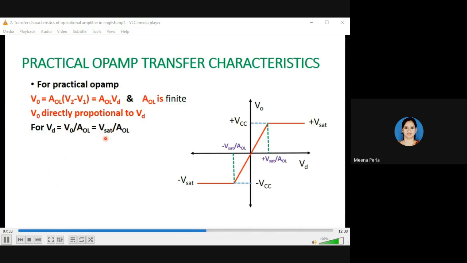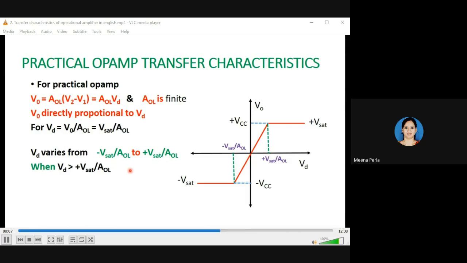That can be written as plus V saturation. Then Vd's maximum value is equal to V saturation upon AOL. So for the linear region, when V0 is directly proportional to Vd, Vd will vary from minus V saturation upon AOL to plus V saturation upon AOL. Then V0 will vary from minus V saturation to plus V saturation in this range.